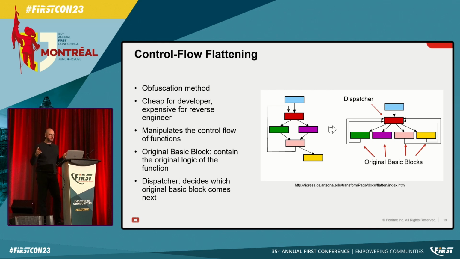Usually there's some kind of state variable, and there's a dispatcher, a set of basic blocks that implement the dispatcher, which is going to decide which basic block should be executed next, so which is the next state. The problem is that when we are looking at this function on the right, we don't know anything about it, especially if all the functions are flattened, then they all look similar, they just have more or fewer basic blocks, but their structure is exactly the same.